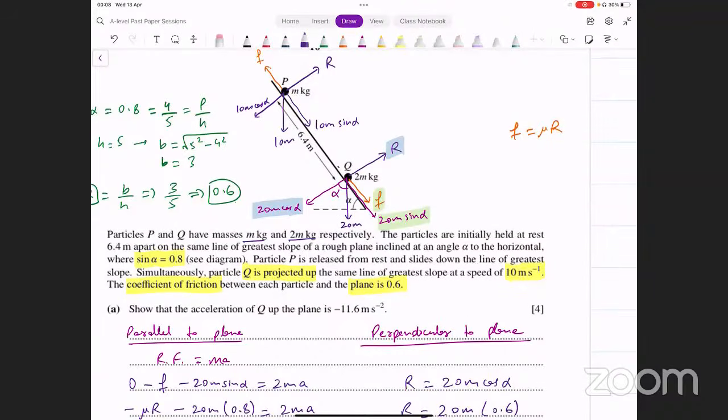So Q is actually moving down the plane when collision happens.